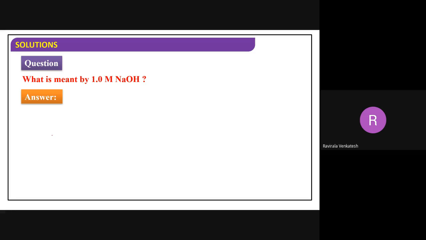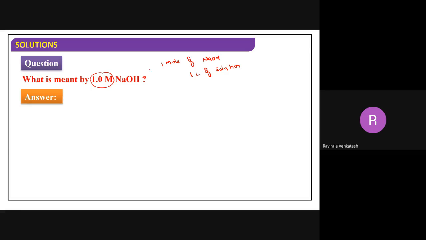What does 1 molar of NaOH mean, beta? I told you one thing: the molarity formula is the number of moles present in 1 liter of solution. Here 1 molar means 1 mole of NaOH is present in 1 liter of solution.